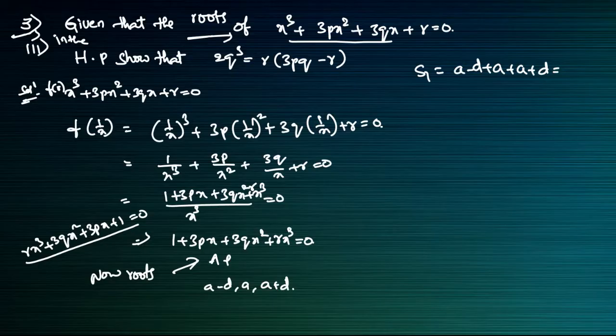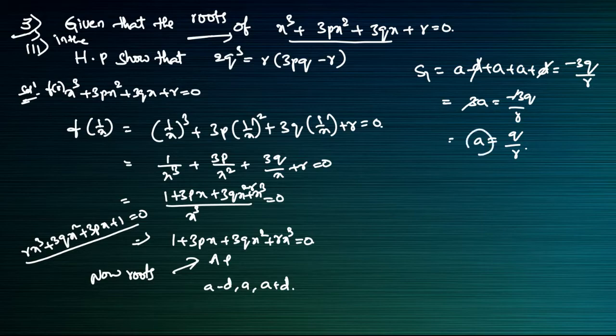So d will get cancelled, and 3a is equal to minus 3q divided by r. So the 3 will get cancelled, and a is equal to minus q by r. So a is one root of this equation, like a minus d, a and a plus d, which means we can substitute this value in the equation.